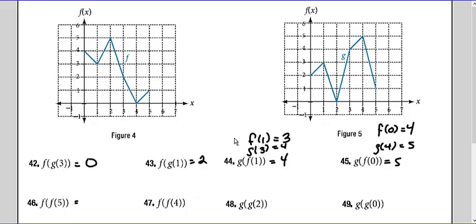Now you can do this on the same graph. So this is the f graph. So f of 5, so what we do is f of 5. f of 5 is 1, and then we do f of 1. So f of 1 is 3, so that's 3. Same kind of deal here. f of 4 is 0. And then f of 0 is 4.